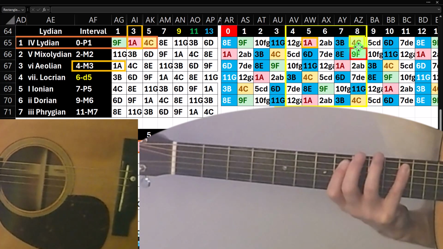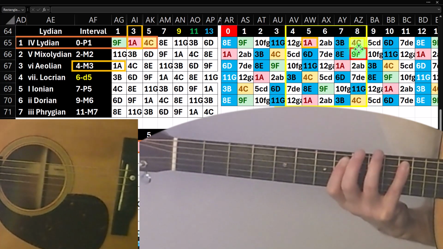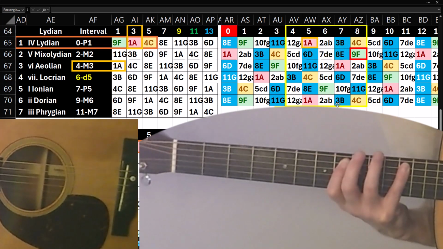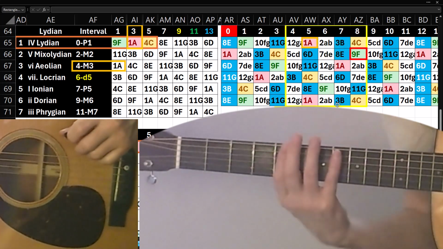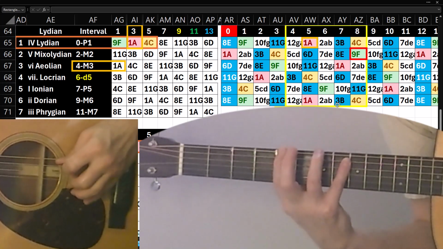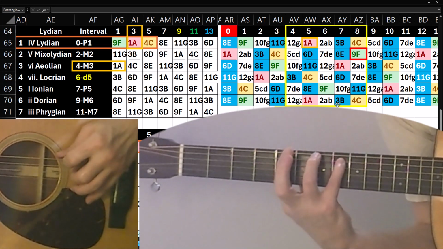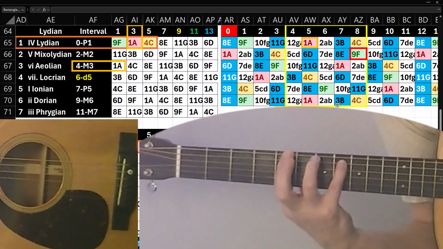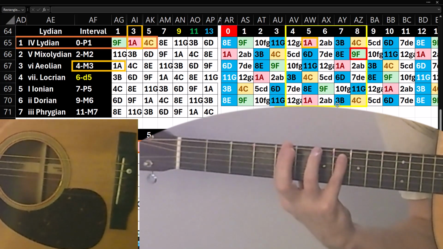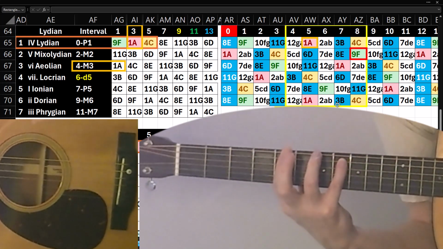So if I go up between the strings, that's 5, 6, 7, 8. So if I go from here to here, top to bottom would be an 8-note away minor sixth.